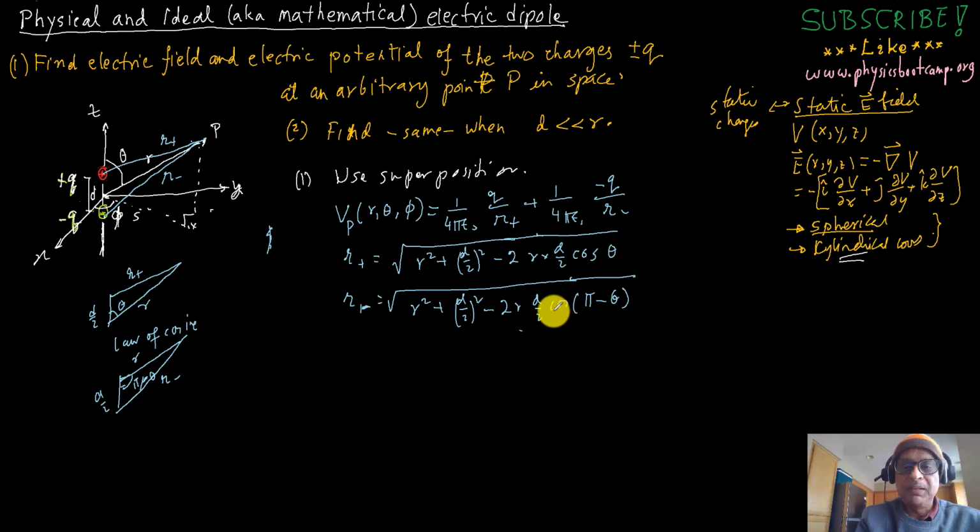If you expand this, cosine pi cosine theta plus sine pi sine theta, and this is minus 1 and this is 0. So this whole thing makes a plus: plus 2 times r d over 2 cosine theta.